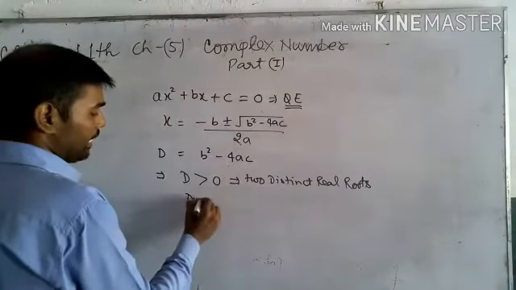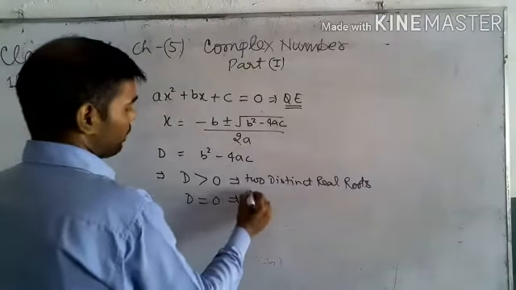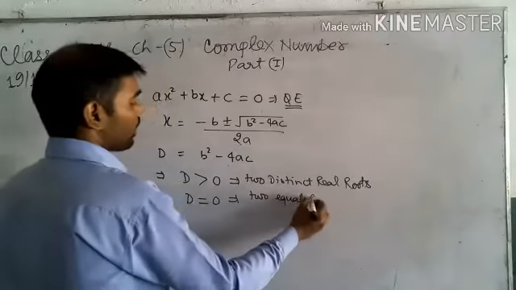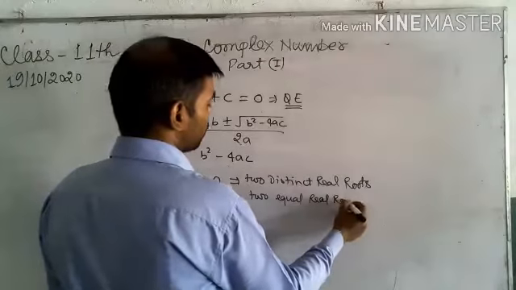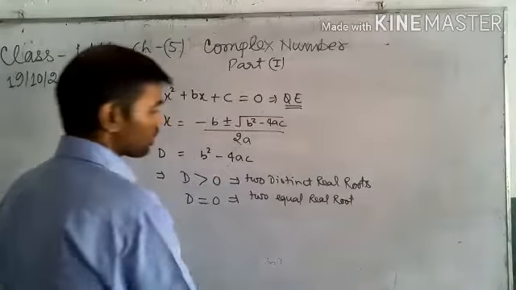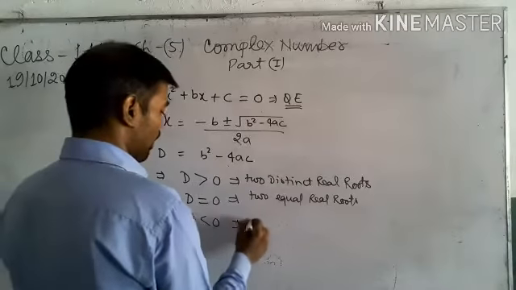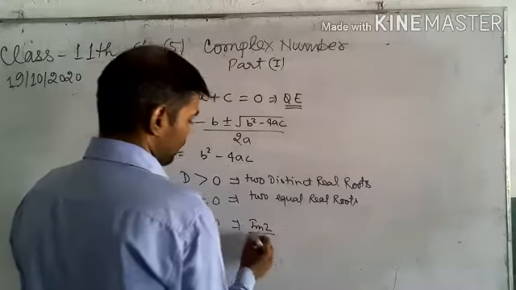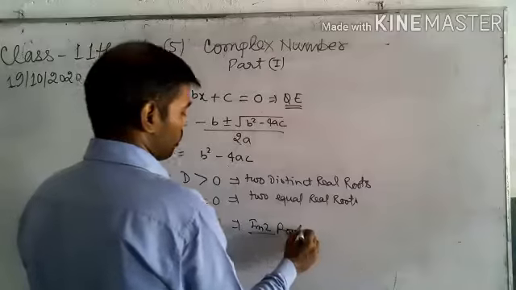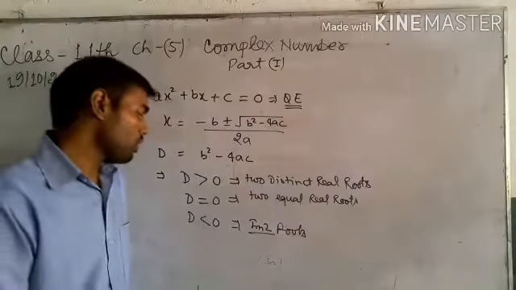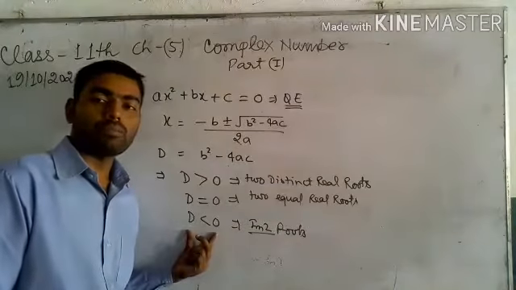Now, if d is equal to 0, it means two equal real roots, and when d is less than 0, it means imaginary roots. Now, in class 11 we will discuss when d is less than 0.